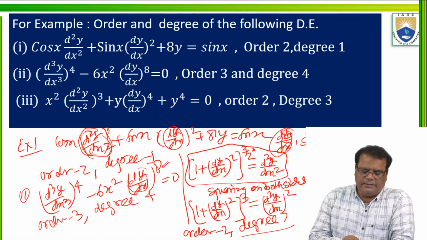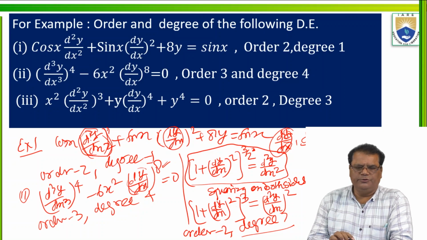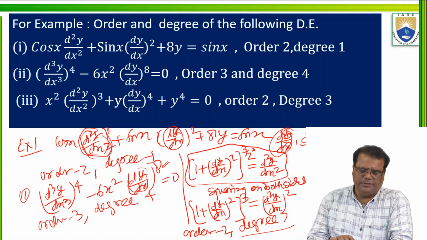Now similarly, the third example is x square d2y over dx2 whole cube plus dy over dx whole 4 plus y into dy over dx whole 4 plus y 4 equal to 0. Now we check the order and degree of this ordinary differential equation. The first term has a second order derivative, but the power is 3.